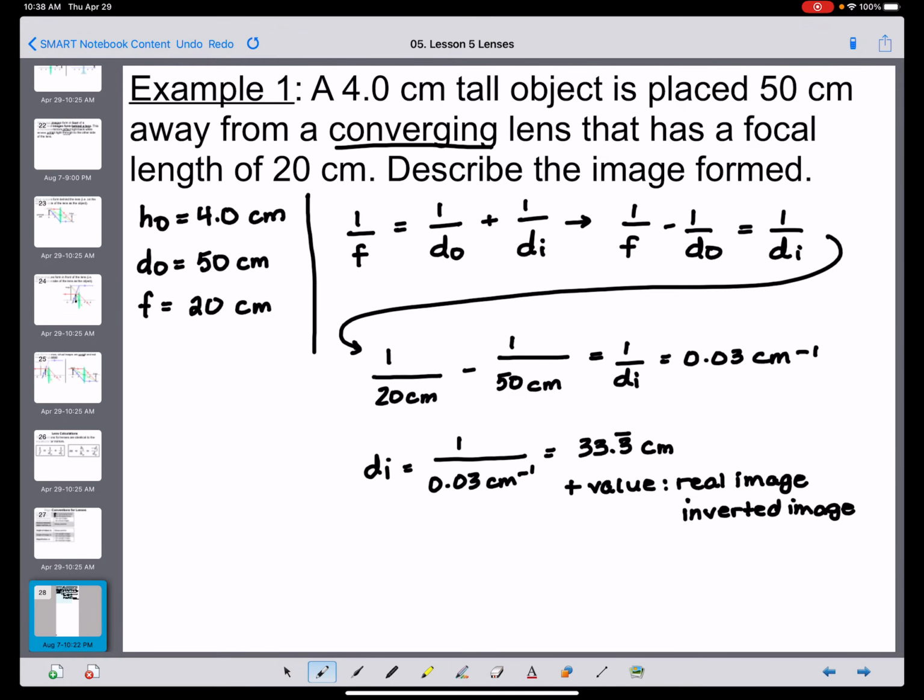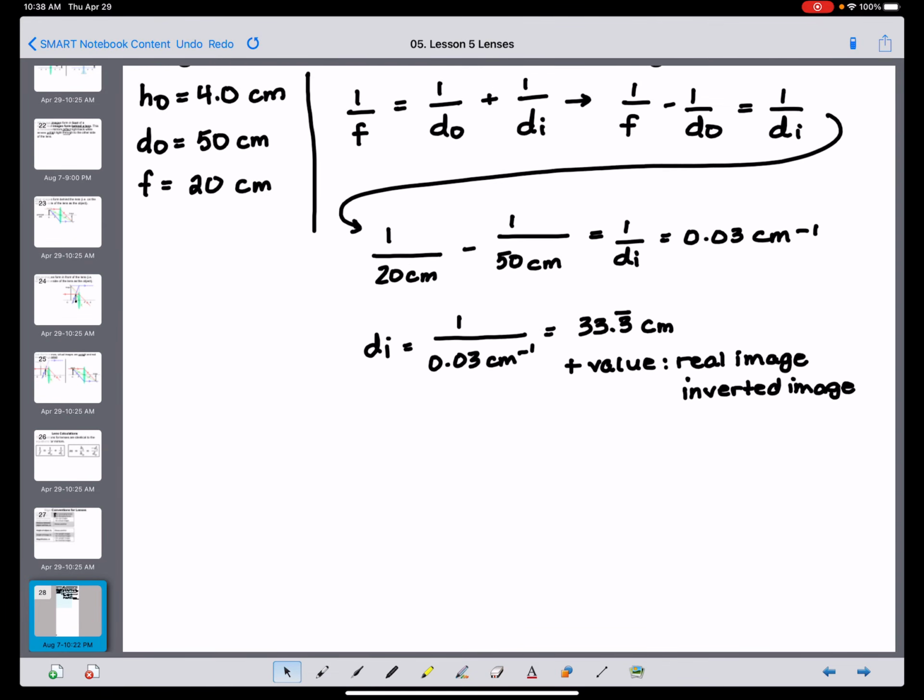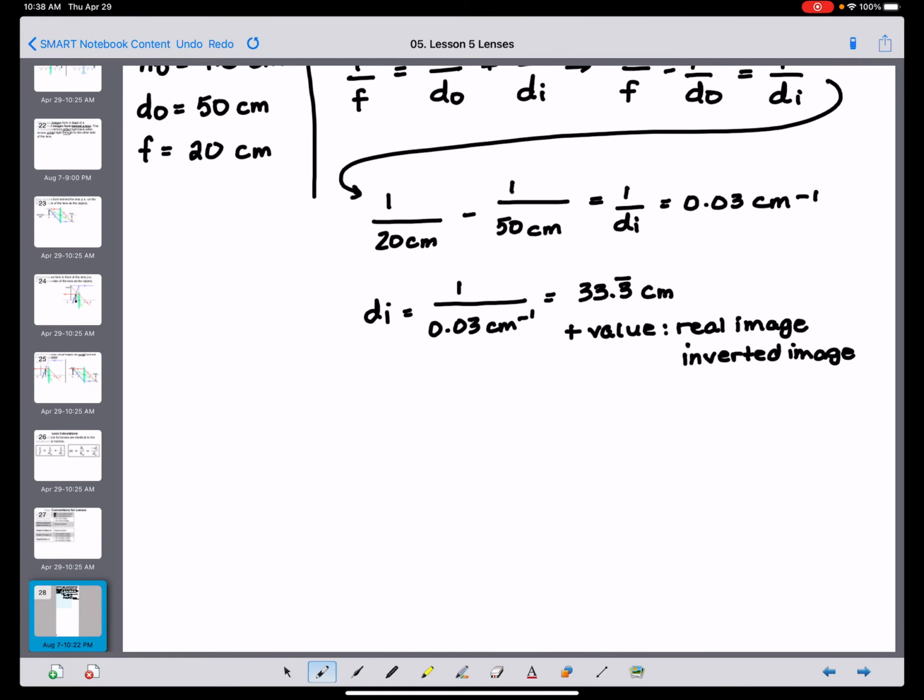Okay, so now let's calculate the magnification. We're going to calculate the magnification so that we can actually talk about the size of the object. So magnification is negative DI over DO.